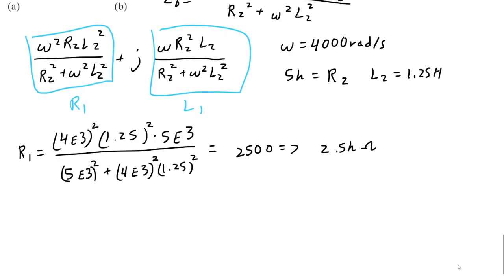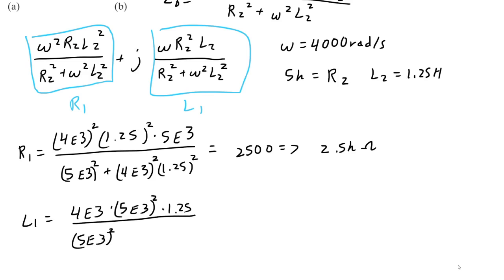And we do the same thing for L1. You're going to do 4,000 times 5,000 squared times 1.25 Henry, divided by 5,000 squared plus 4,000 squared times 1.25 squared.